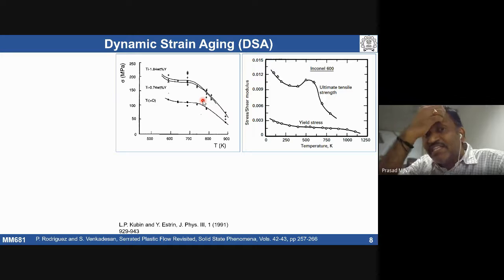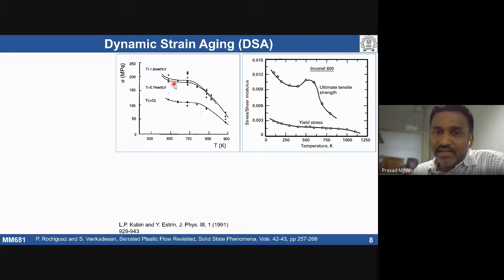So what are the manifestations of dynamic strain aging? One we already discussed: flow stress can become a plateau, or we can see a peak in the material, in a certain temperature window. Ductility is going to come down in this temperature window.